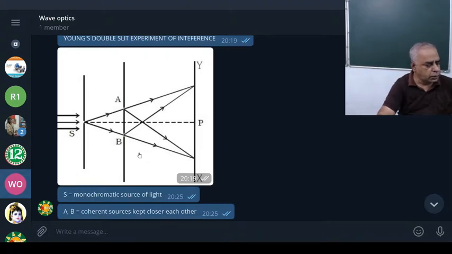Let us consider this diagram, which I think we have already gone through. S is the monochromatic source of light and A and B are the coherent sources of light, kept close to each other.